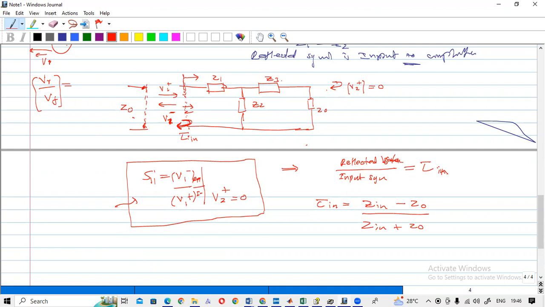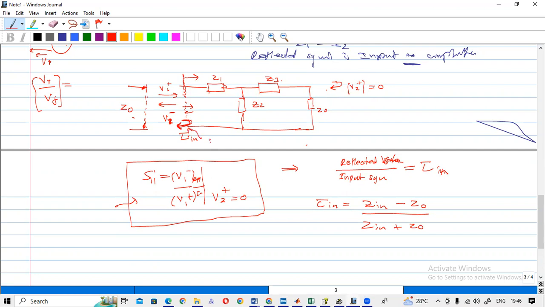What is this Z in? The input impedance at this port, the input port. Z in minus Z0 over Z in plus Z0 is the tau in, the input reflection coefficient.